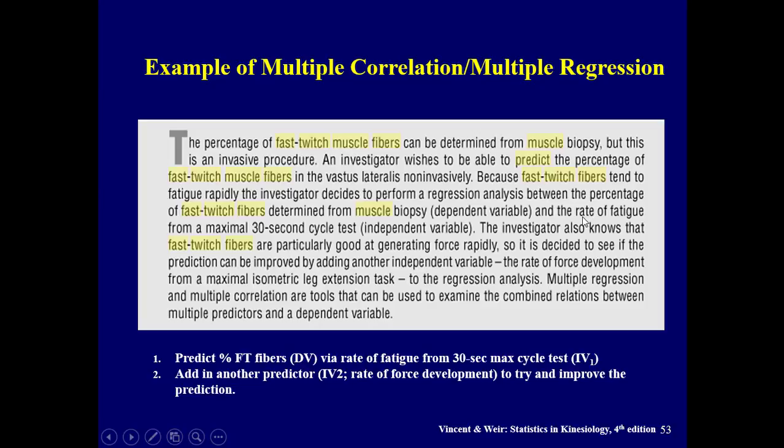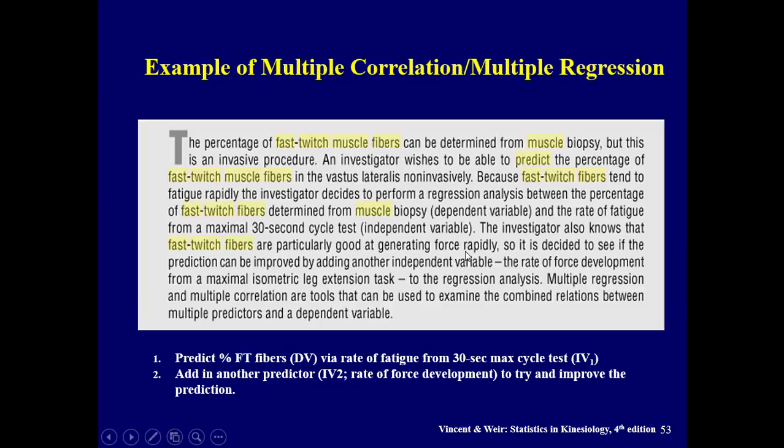So we can give you a 30-second cycle test and see how quickly you fatigue. If you fatigue more quickly, you probably have a higher percentage of these fast twitch fibers. These are your power fibers. We know, too, that fast twitch fibers are really good at generating force.